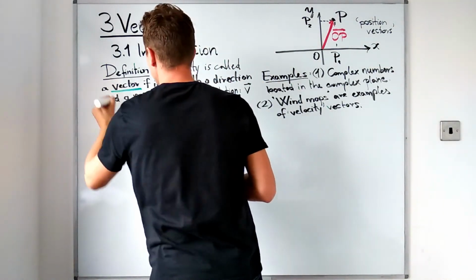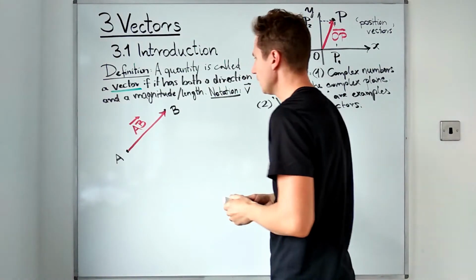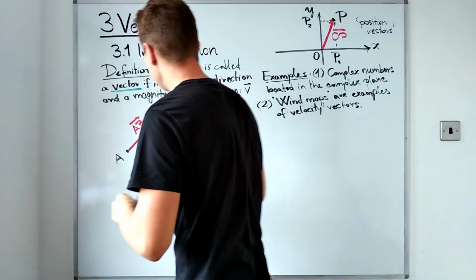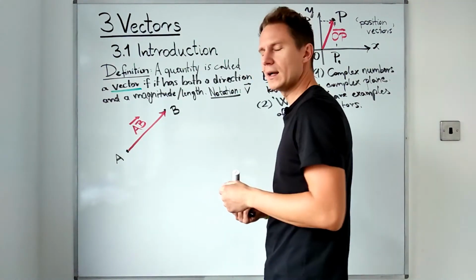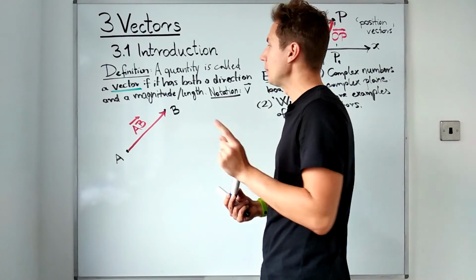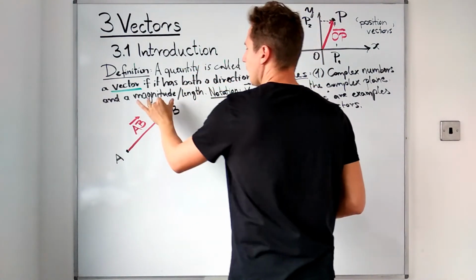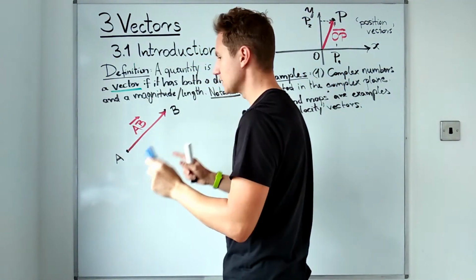Okay, so to finish the video, I would like you to look at this vector AB, which I drew at the beginning of the video, and test your understanding by deciding which of the following vectors is equal to it. Remember, a vector is given by its direction and its magnitude. It's only these two things that matter.